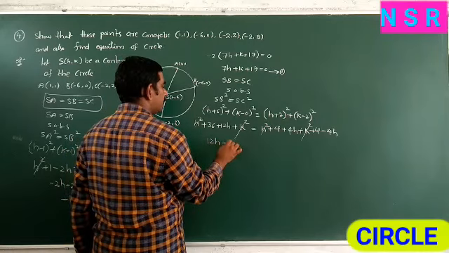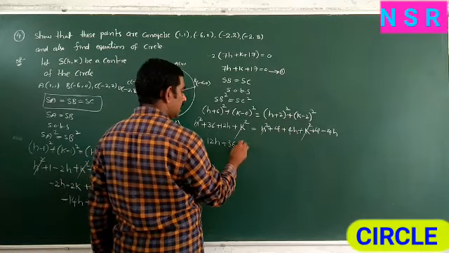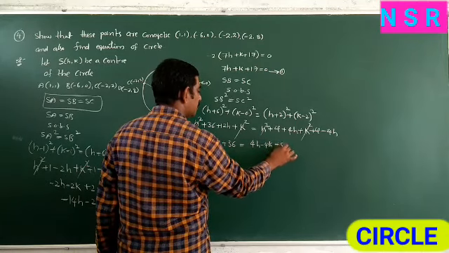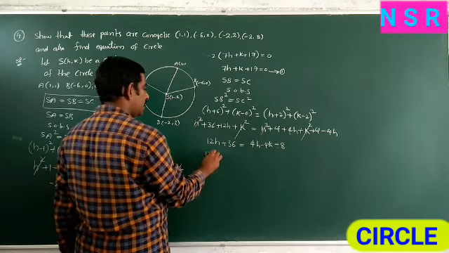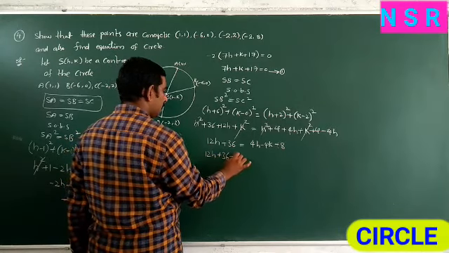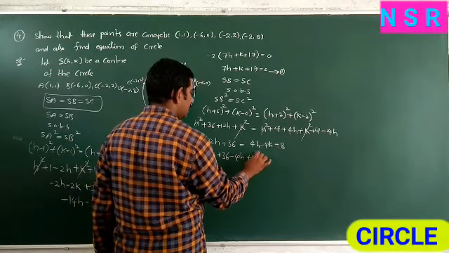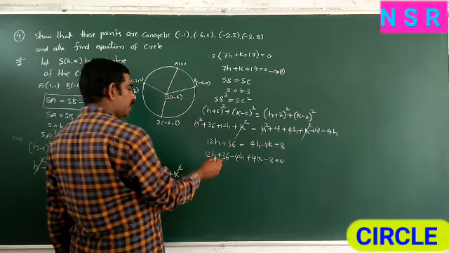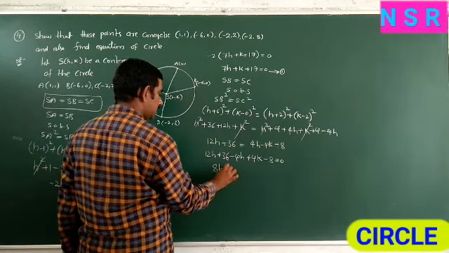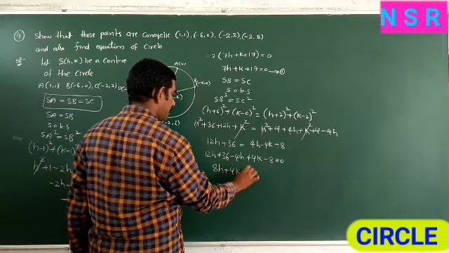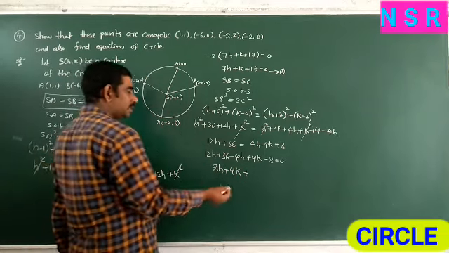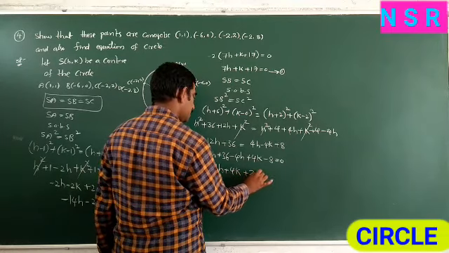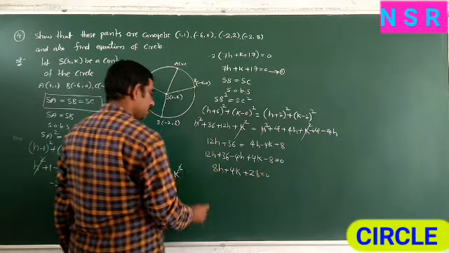So 12h plus 36 equal to 4h minus 4k, 4 plus 4, 8. Move this side: 12h plus 36 minus 4h plus 4k minus 8 equal to 0. 12 minus 4, 8h, plus 4k, plus 36 minus 8, we get 28, equal to 0.